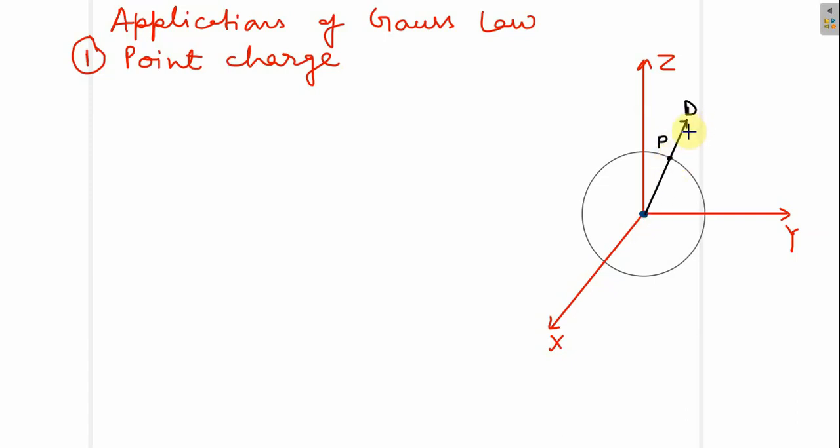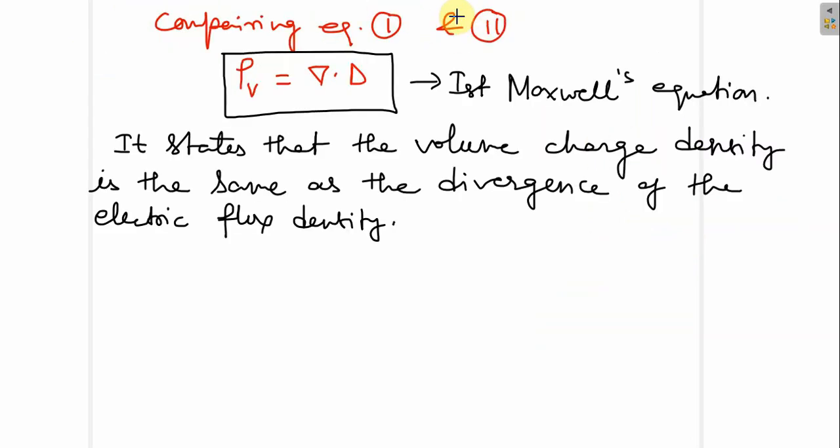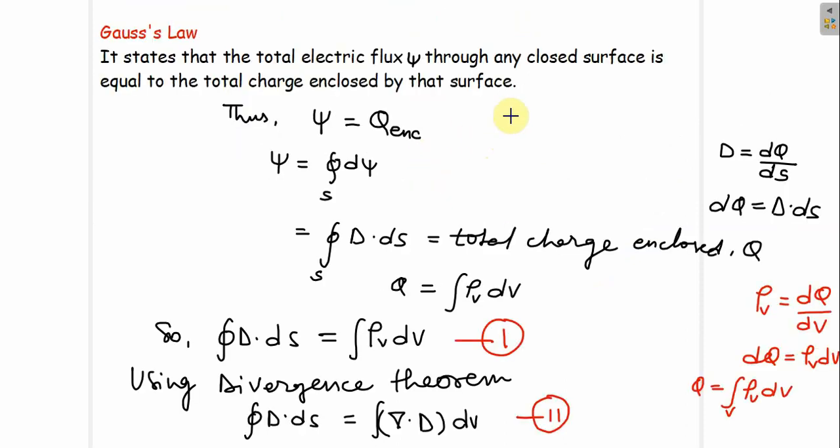So to determine D at point P, it is easy to see that choosing a spherical surface is best. That's why I have chosen a spherical surface passing through point P. Because if you have to apply Gauss law, the definition of Gauss law is clear: electric flux through any closed surface is equal to the total charge enclosed by that surface.